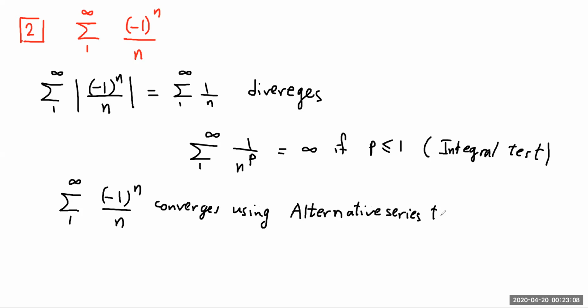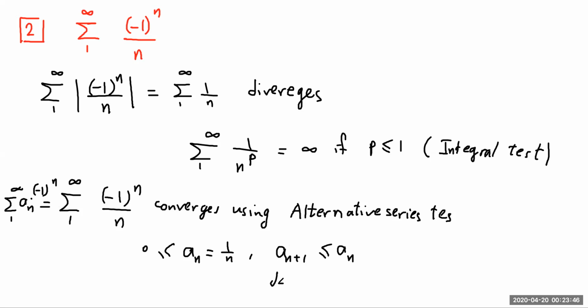If you remember the rule of our alternating series test, the terms must alternate, one negative, one positive, and it's the case here because of minus 1 power n, and I have an. Here, let's take an times minus 1 power n. The condition is that an must always be positive, and it's 1 over n, always positive, and always a(n+1) is less than or equal to an, so decreasing, and this is correct in this case.